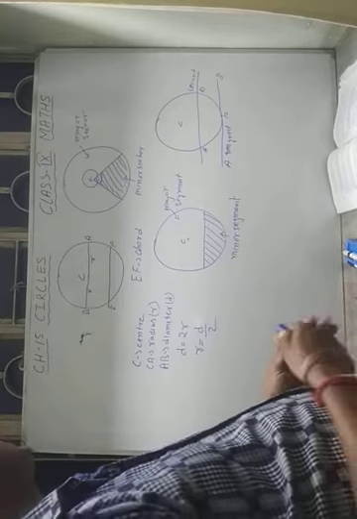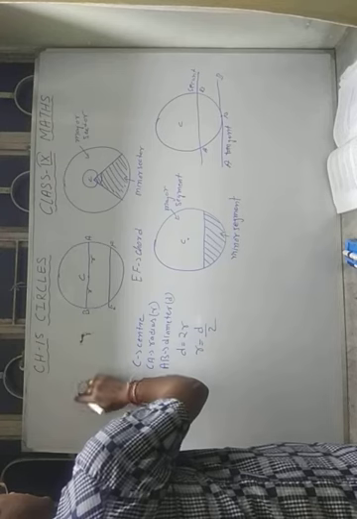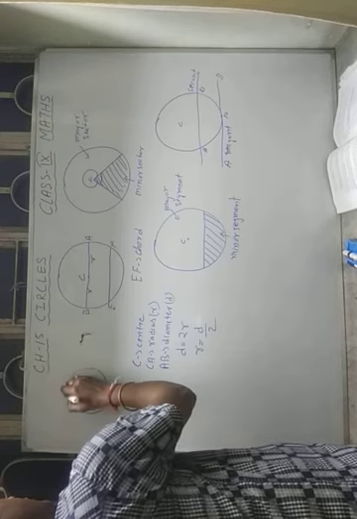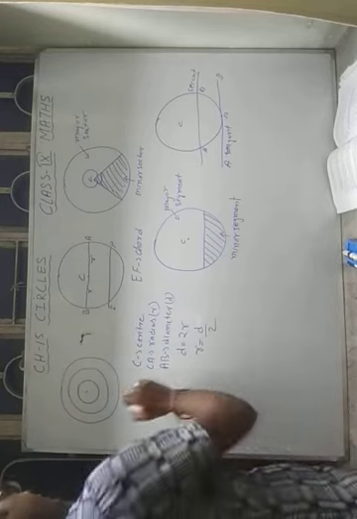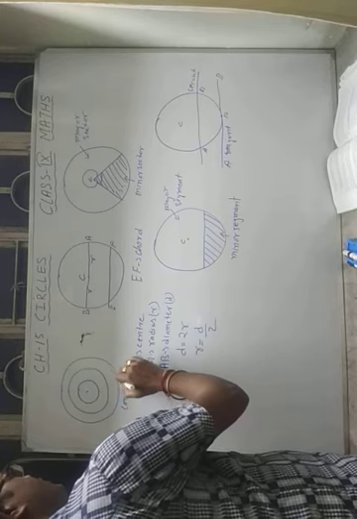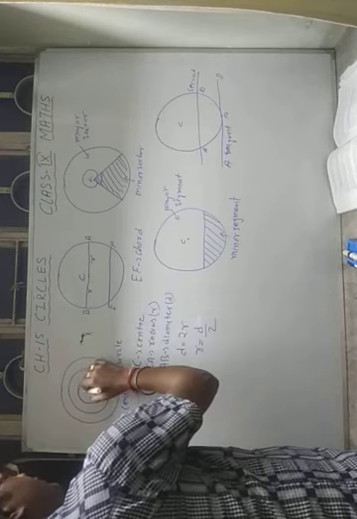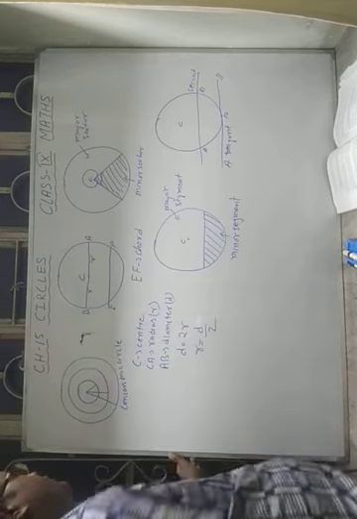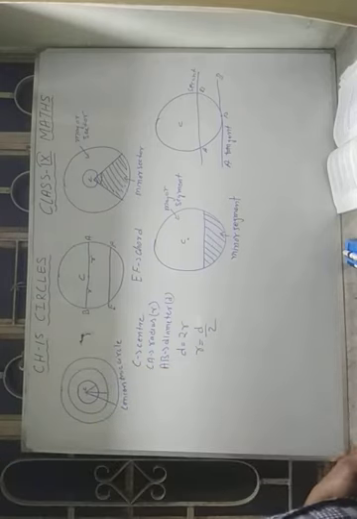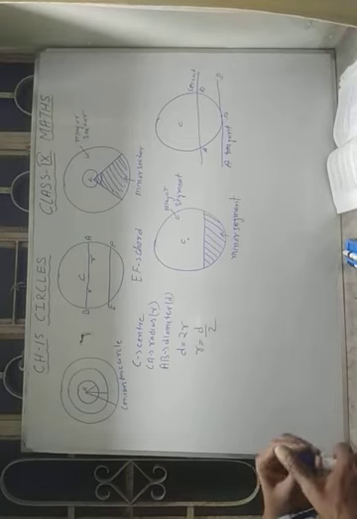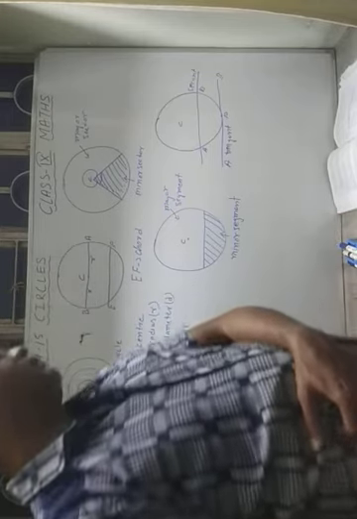Many circles which share a common center like this are called concentric circles, because they have different radii but the same common center. So you have to remember these basic things while doing the sums.